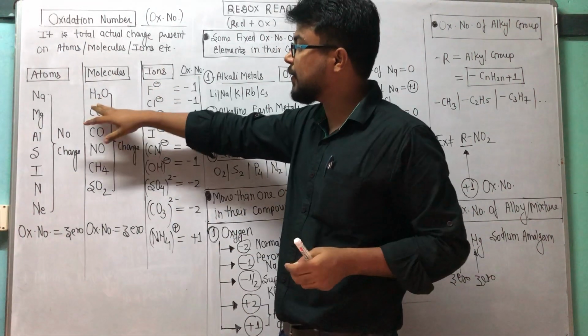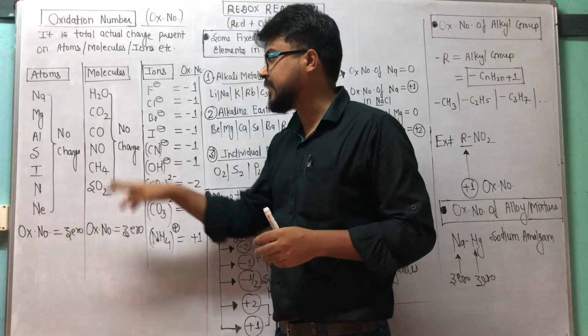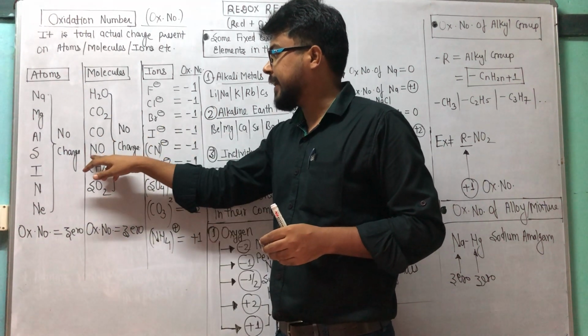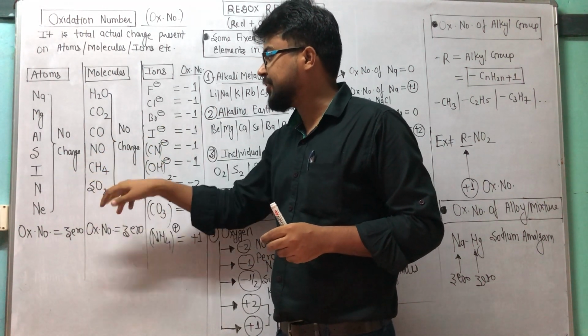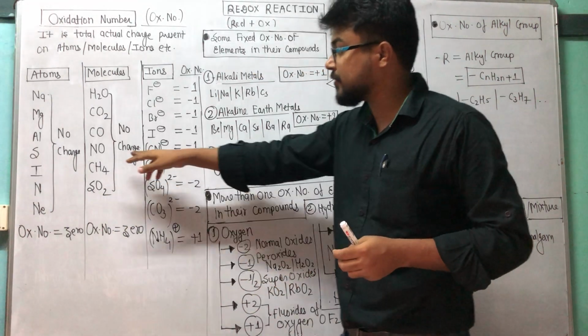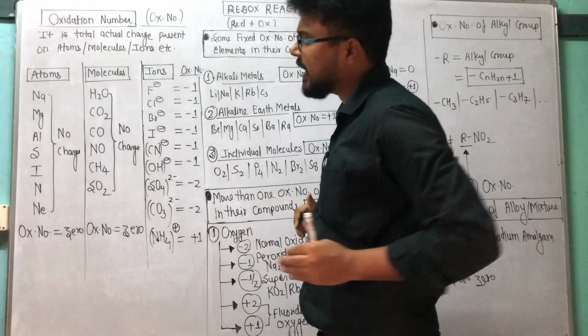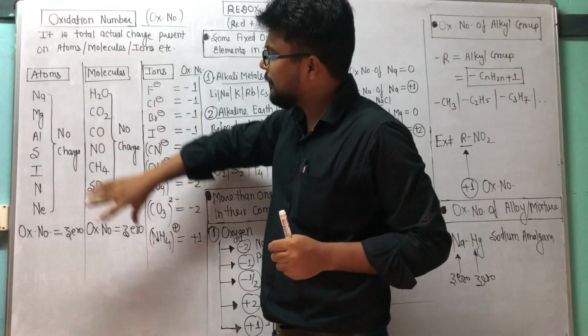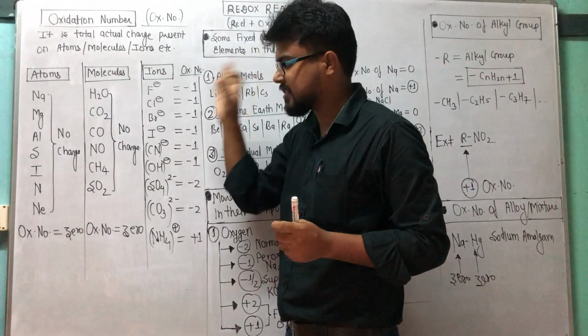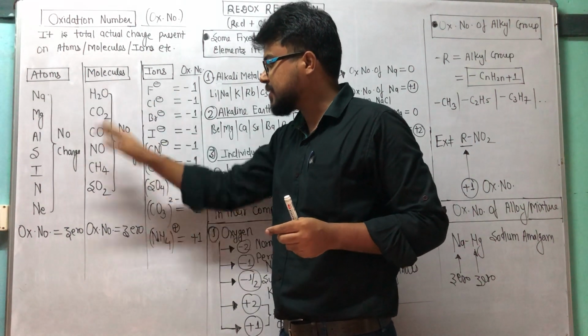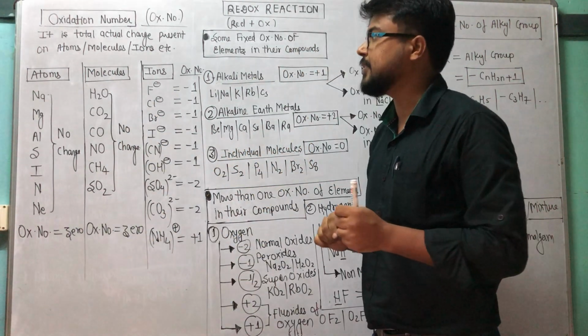Same thing with molecules: water, carbon dioxide, carbon monoxide, nitrogen monoxide, methane, sulfur dioxide. There is no plus charge, no minus charge, because they are neutral. So again the ox number of a molecule will be 0.